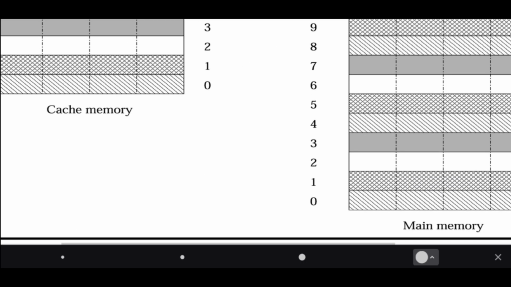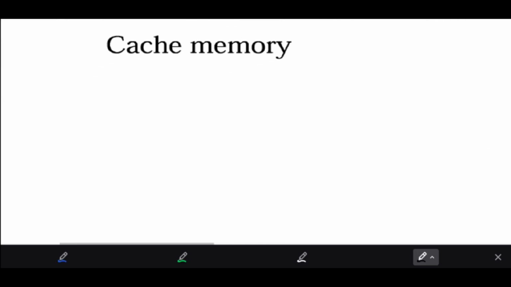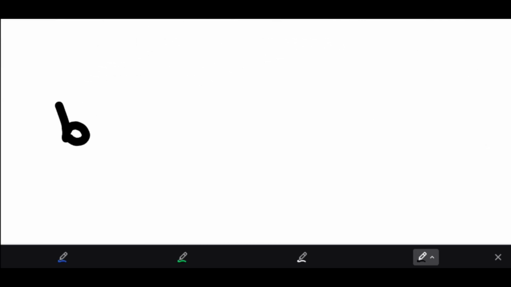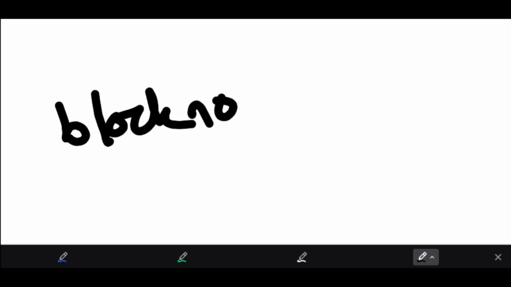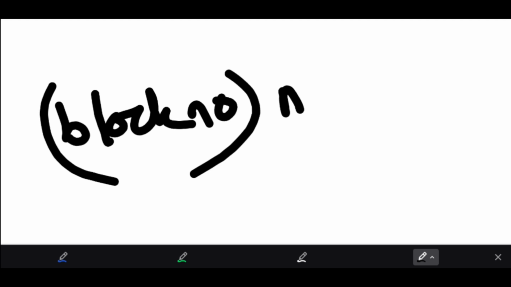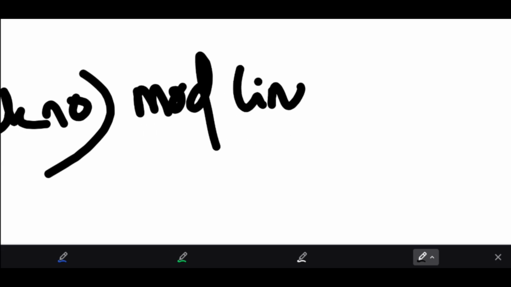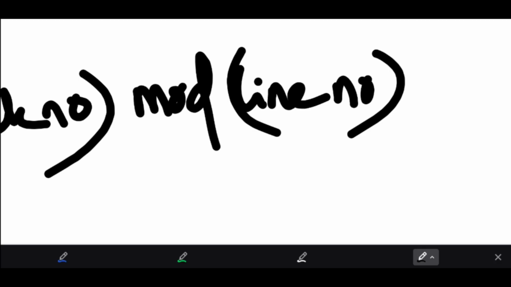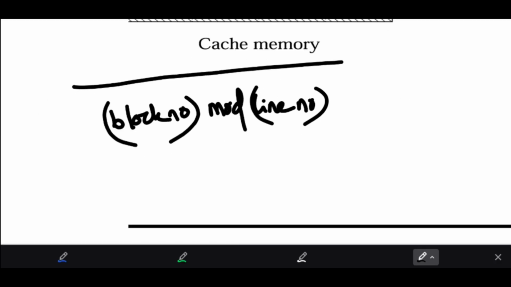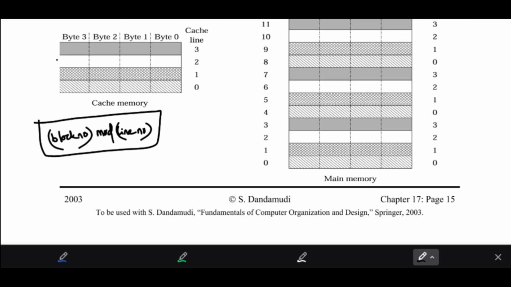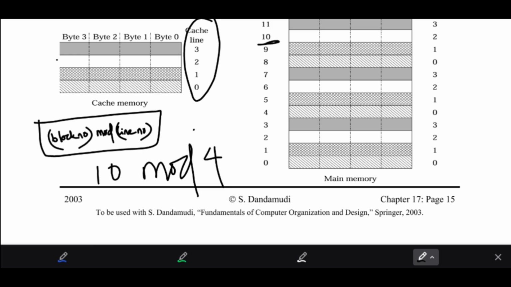Let's clear it: block address, block number, mod line number. This is how it works inside direct mapping. Block number 10 mod the number of lines in the cache, 4, then gives 2.